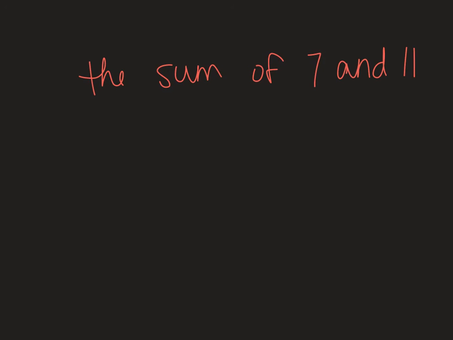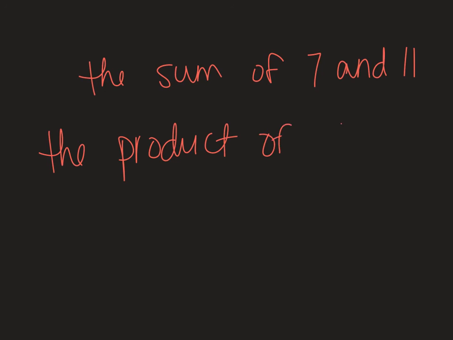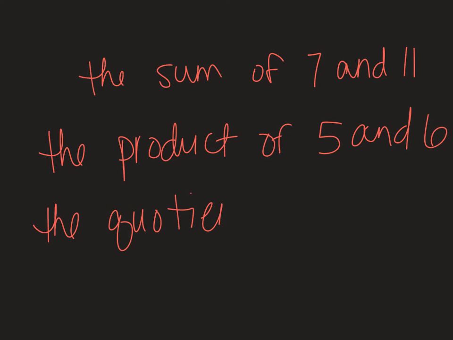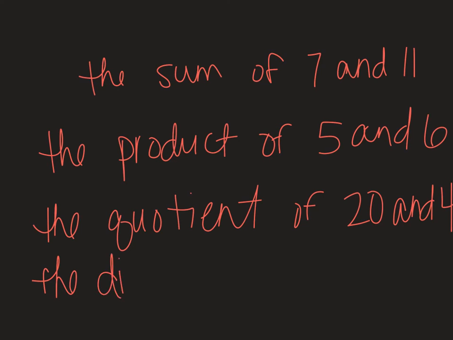If I wanted to multiply, I could write the product of 5 and 6. If I wanted to divide, I could say the quotient of 20 and 4. Okay? So remember these words.